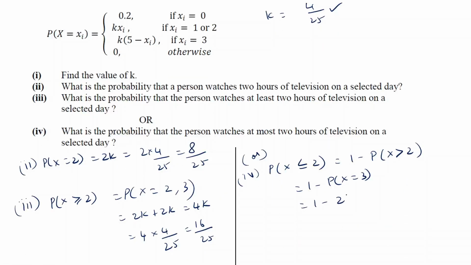So this is 1 minus 2K, where K is 4 by 25, so it is 1 minus 8 by 25, or (25 minus 8) by 25, which is 17 by 25. So the probability that the person watches at most 2 hours of television on a selected day is 17 by 25.